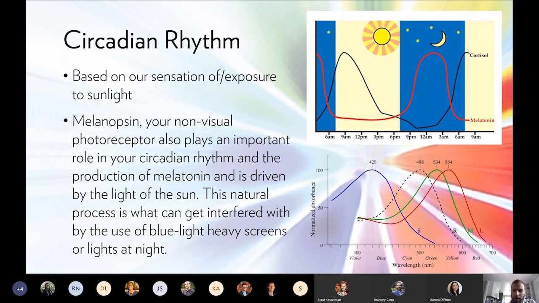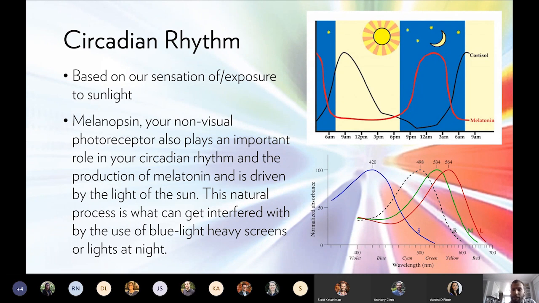blue, green, and red. But we also have intrinsically photoreceptive retinal ganglion cells, or IPRCGs, which are photoreceptors in our eyes that don't play a role in our vision, or at least not directly in our awareness of light through our vision.